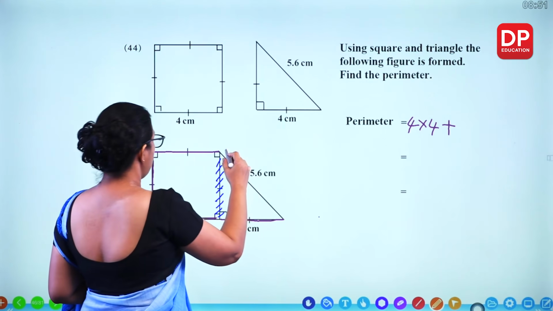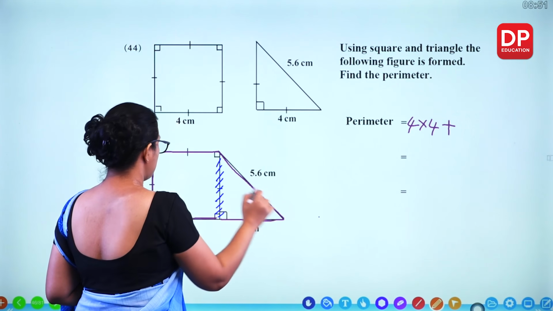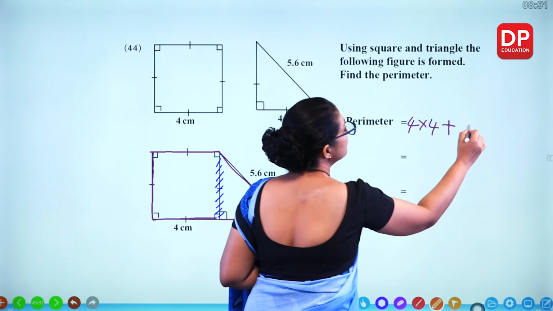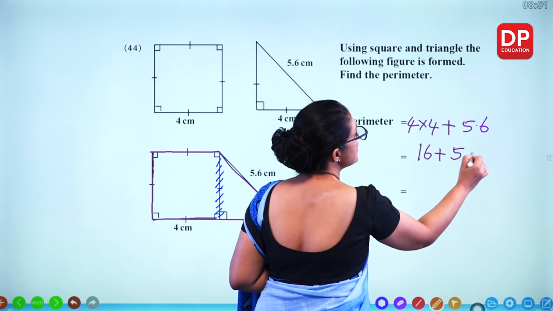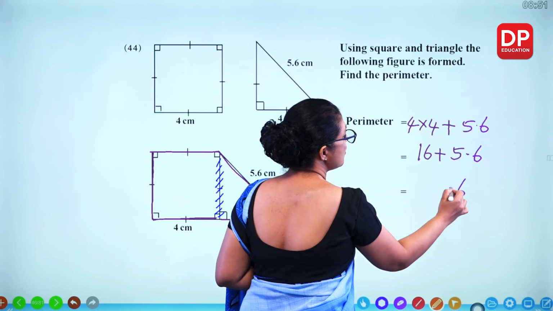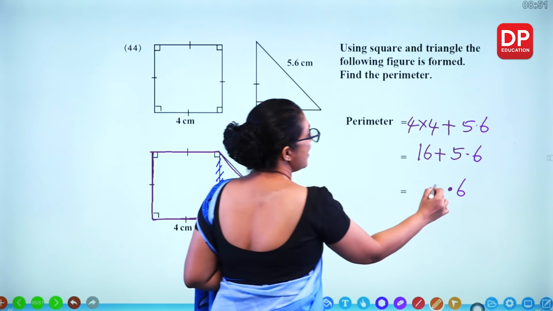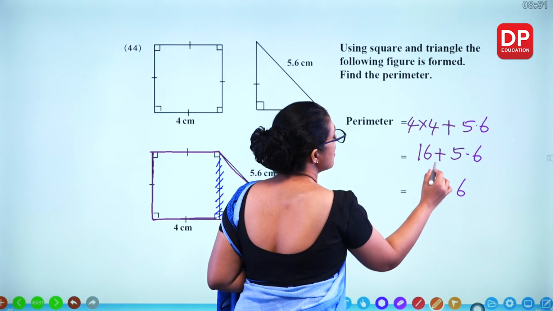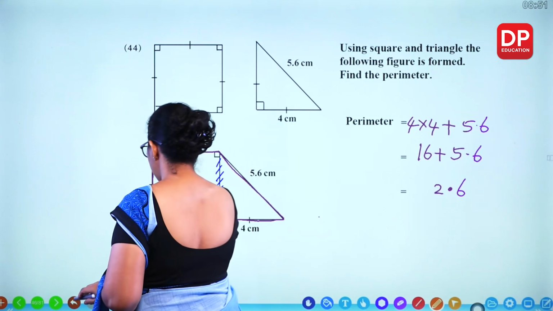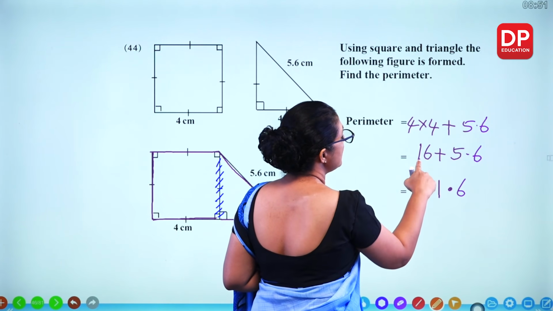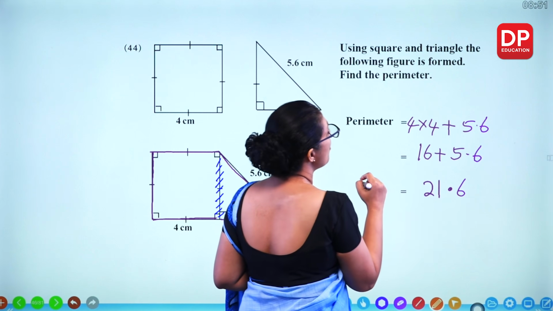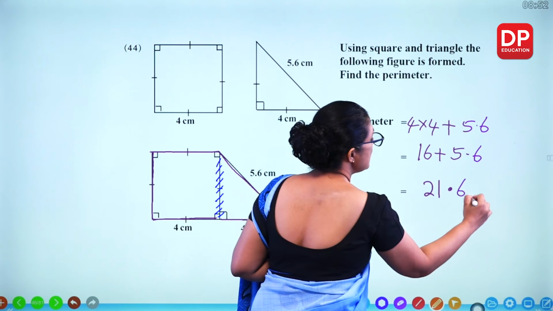And then 5.6 is this side. 4 times 4, 16 plus 5.6. Add it together, you get 21.6 centimeters.